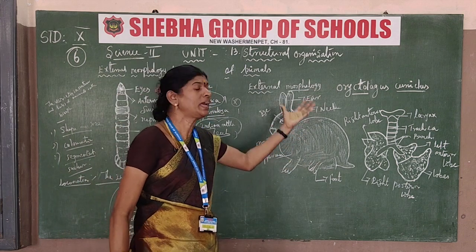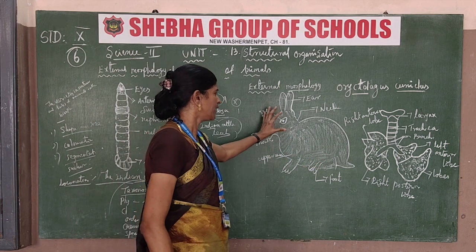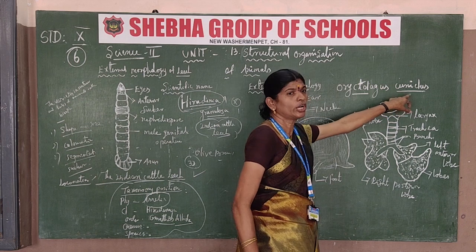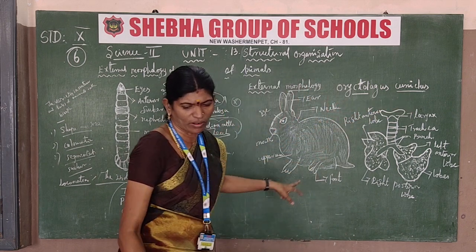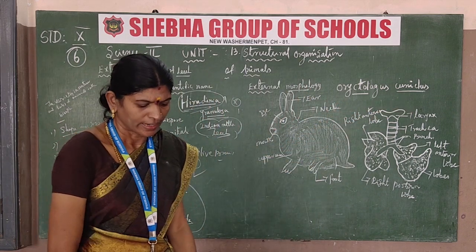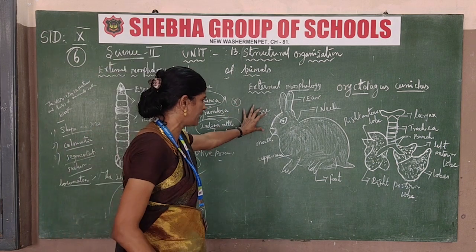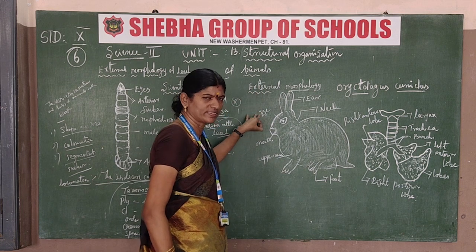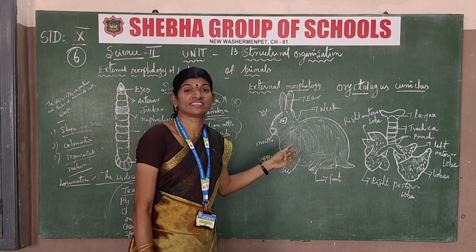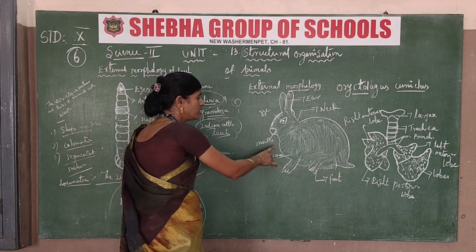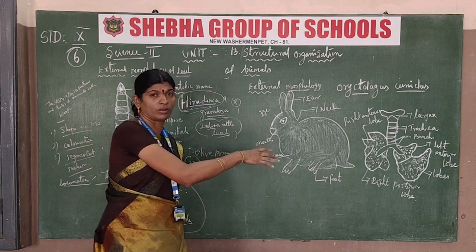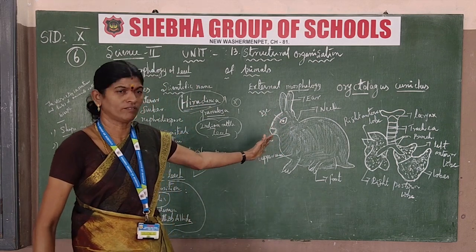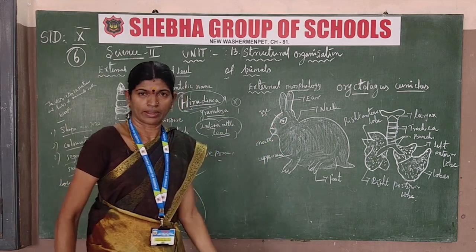Next, these are the external morphology of Oryctolagus cuniculus. Then the digestive, reproductive, nervous and urinogenital systems. The urinogenital system is where urine is formed and excreted.